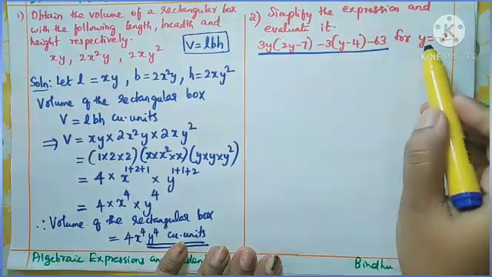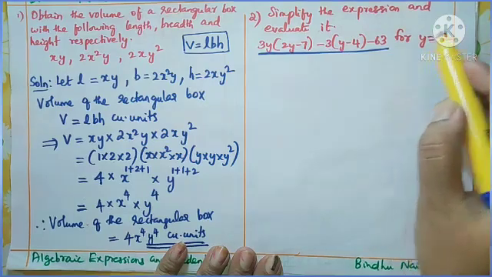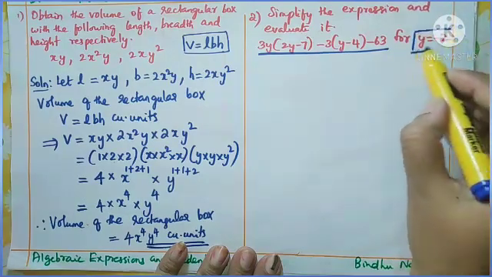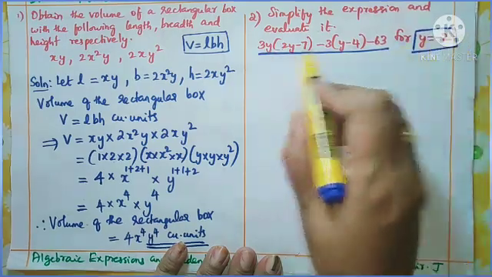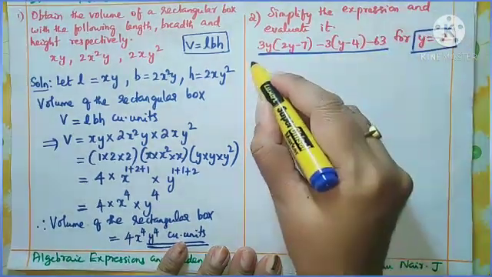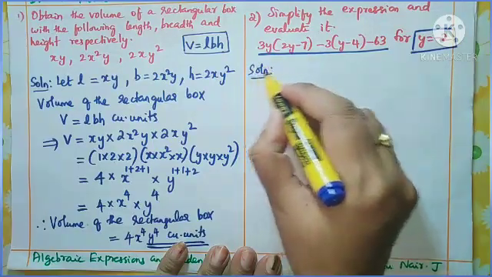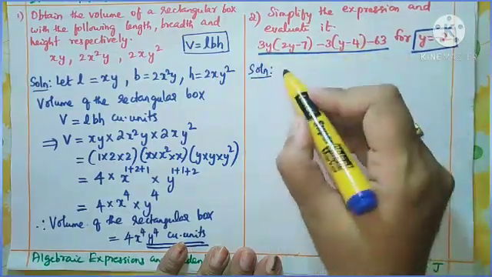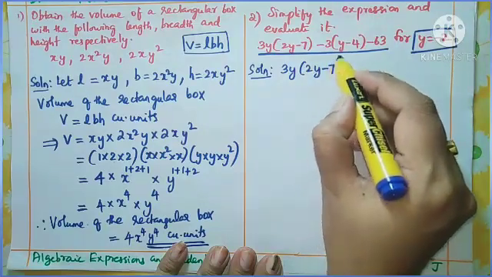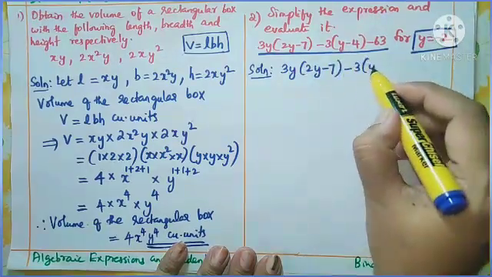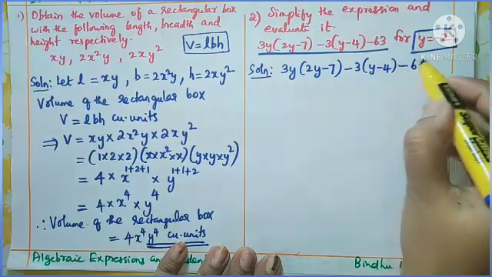Evaluate for y equal to minus 2. The value of y is given here, y equal to minus 2. So for this value you want to evaluate the given expression. First we can open the bracket and simplify this. So write the question once more: 3y into 2y minus 7 minus 3 into y minus 4 minus 63.